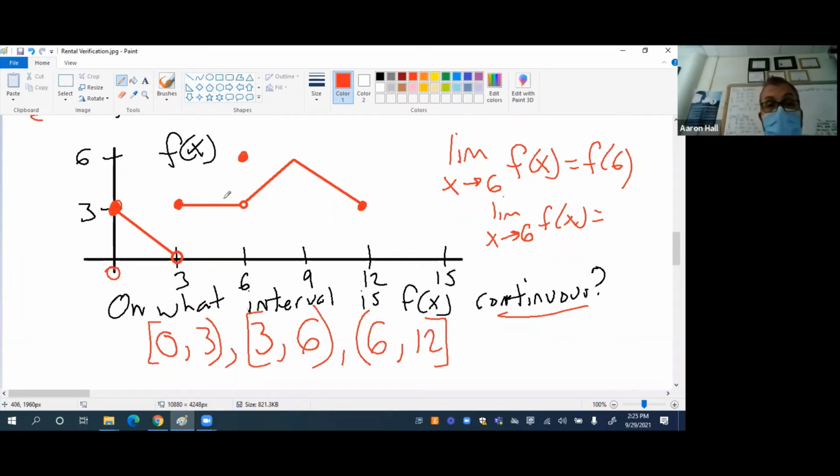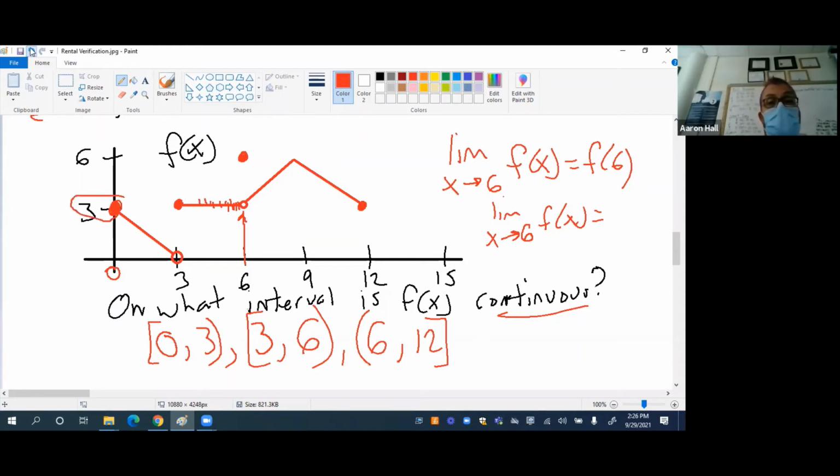It is 3, yeah. Remember, Kyle, when x gets incrementally closer and closer to 6, what does the y get incrementally close to? This is my x. What does y get closer to? It gets closer to 3.